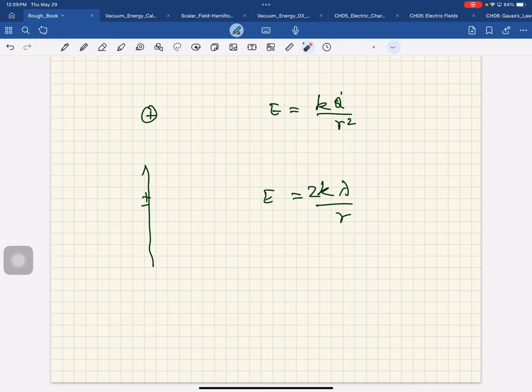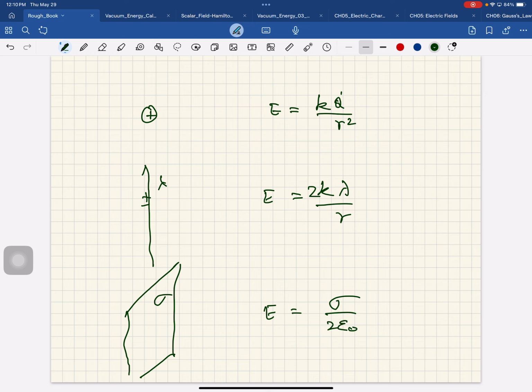See, the more and more charges you're putting, the slower the electric field falls off. Then we took an infinite sheet and the electric field just doesn't fall. There you go. All right.